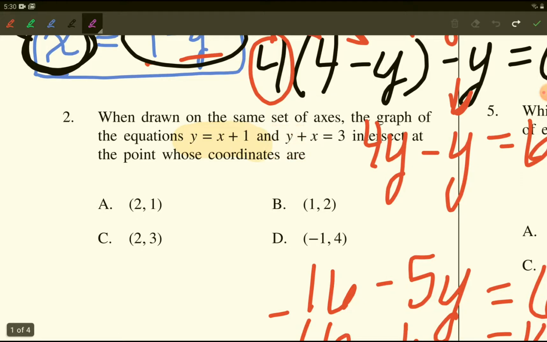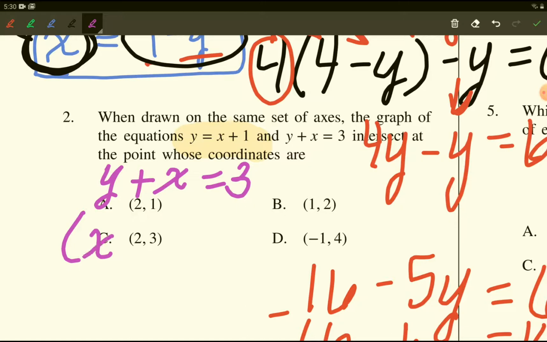Okay, and so it would be y plus x equals 3. That's really just x plus 1 plus x equals 3. And then you solve for x, and then you use x to solve for y. Okay, so I even set it up for you.